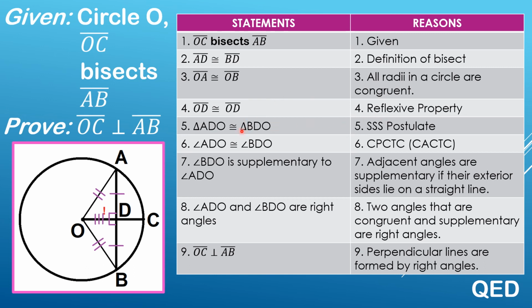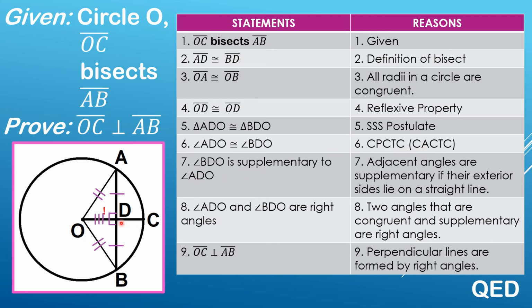And by the reflexive property, line segment OD is congruent to line segment OD. So we have three parts already, and so triangle ADO is congruent to triangle BDO by the SSS postulate. And so angle ADO and angle BDO are congruent by CPCTC.